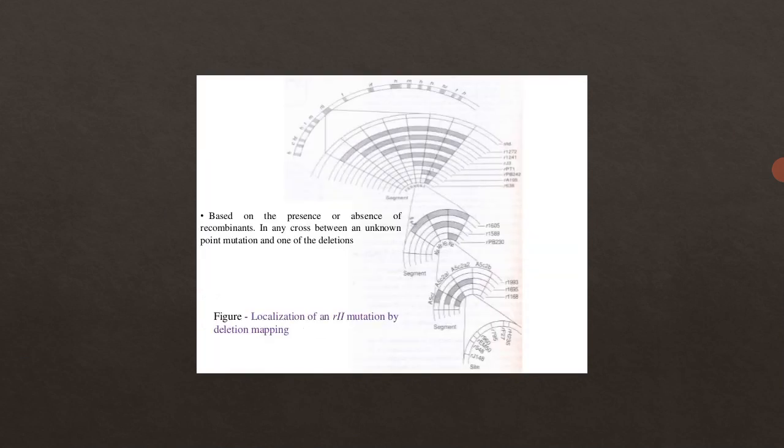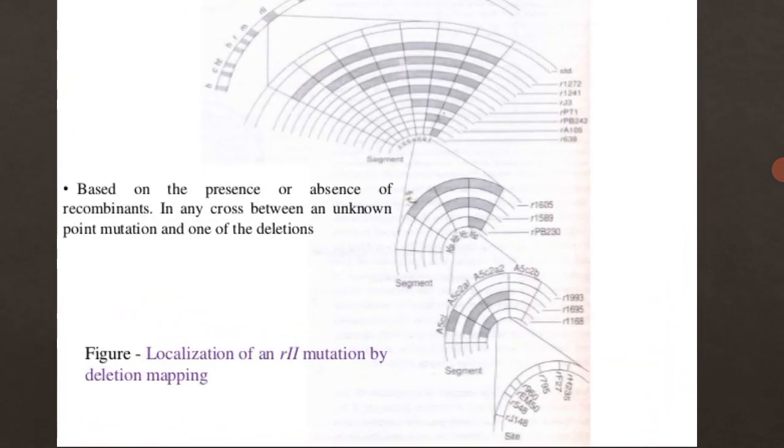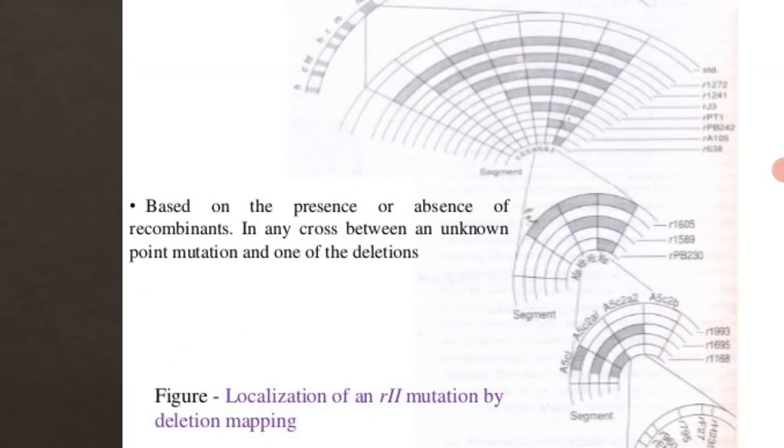Then after that, here you can see the map. Based on the presence or absence of recombinants in any cross between an unknown point mutation and one of the deletions, we can localize the R2 mutations. We can localize within the genome of the bacteriophage T4. You can see these are the maps.